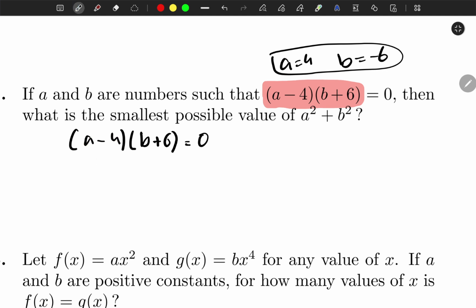So let's just say if A is equal to 4 over here, okay, I don't like this question. What? Maybe it's a simple solution, I'm just overlooking it.